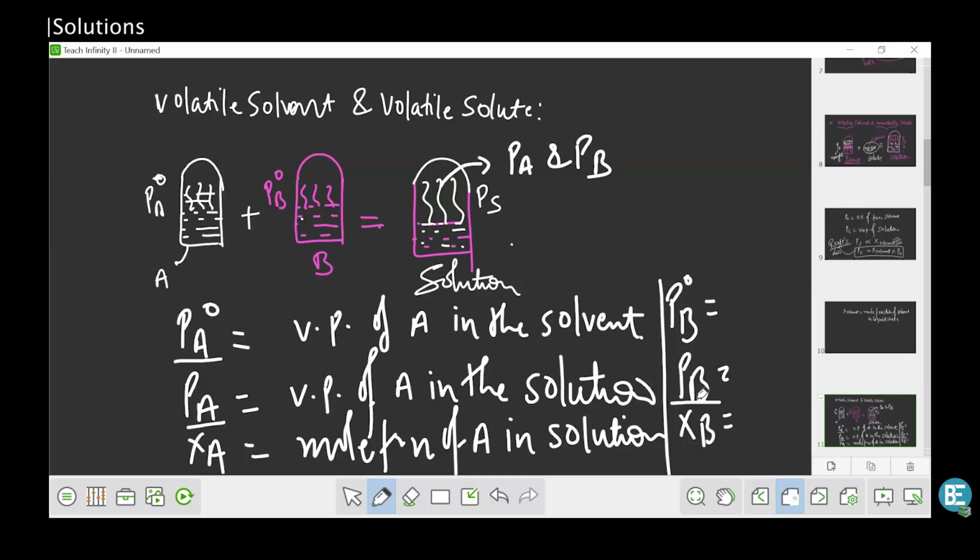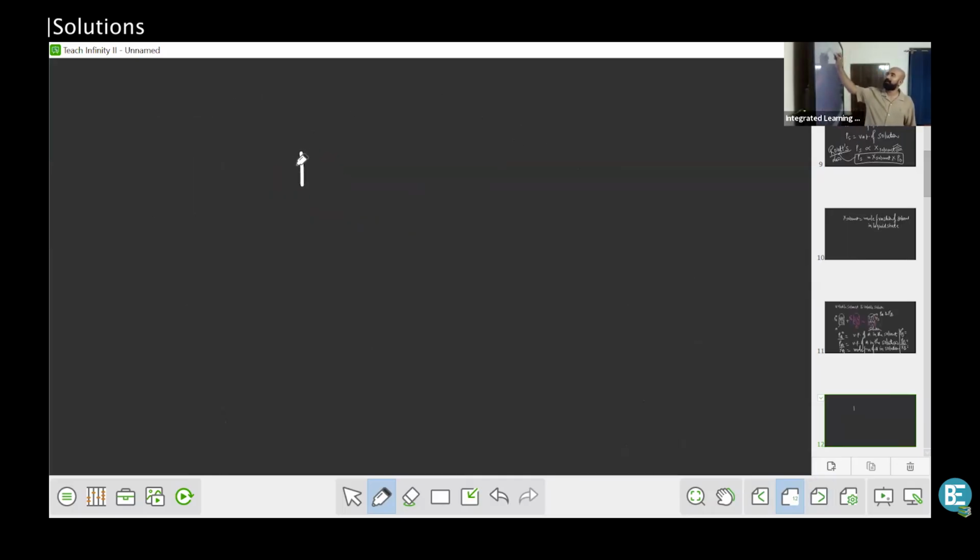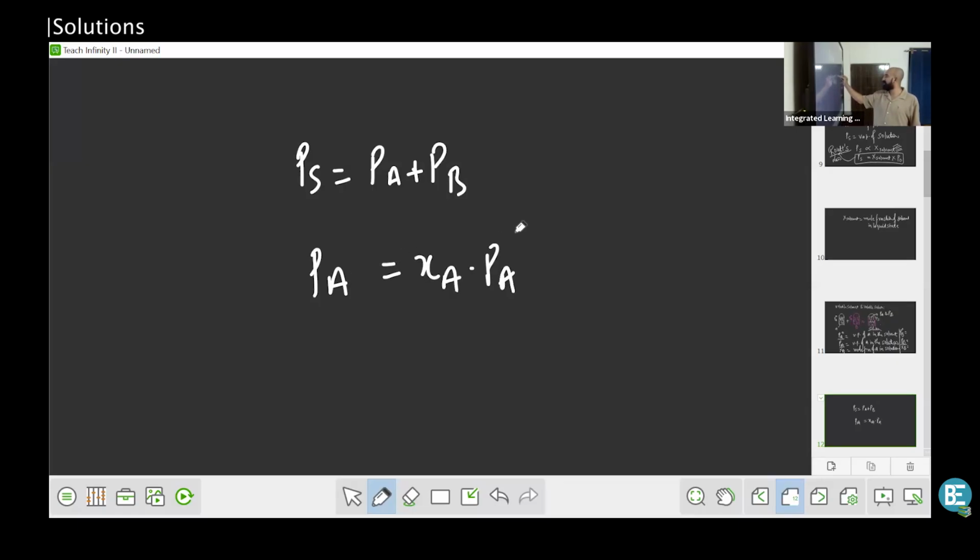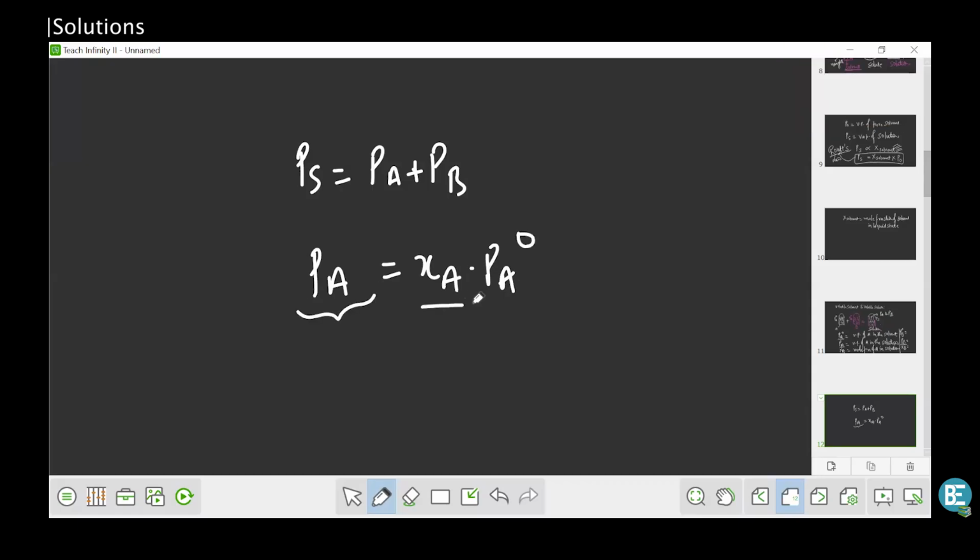So PS can be written as PS is PA plus PB. Okay. What is PA? According to Raoult's law, can I write PA is equal to XA into PA naught? Because the pressure of the solution is equal to the mole fraction into the pure solvent's pressure. You studied this just now.